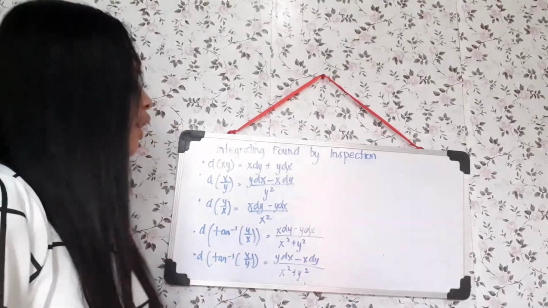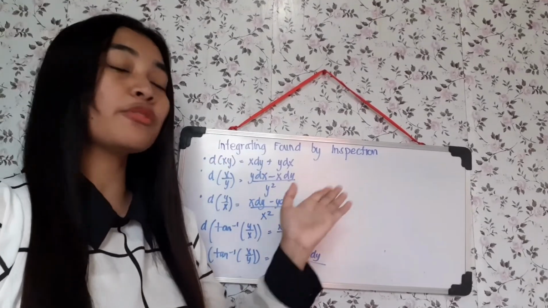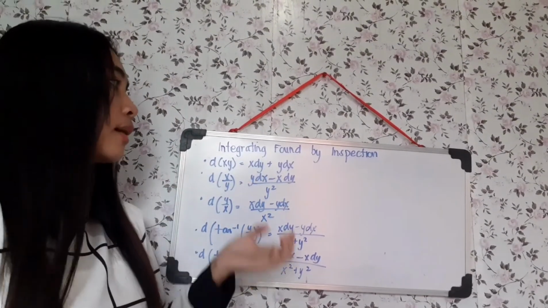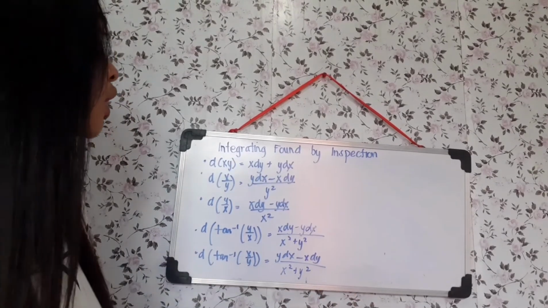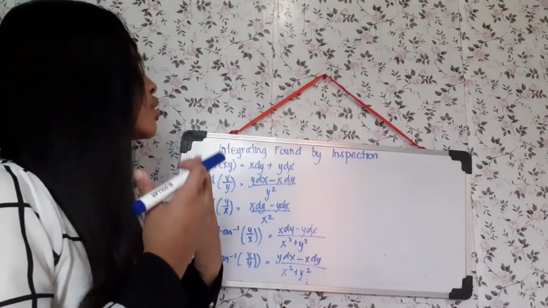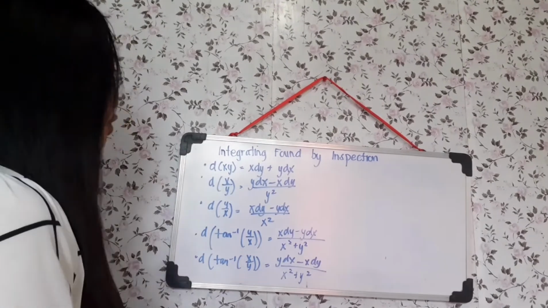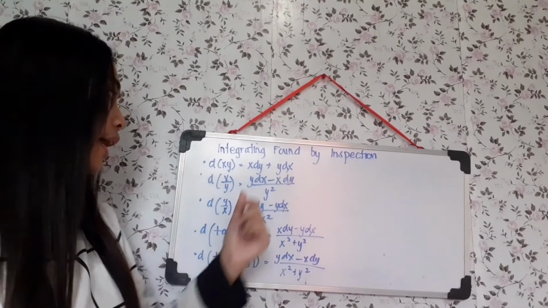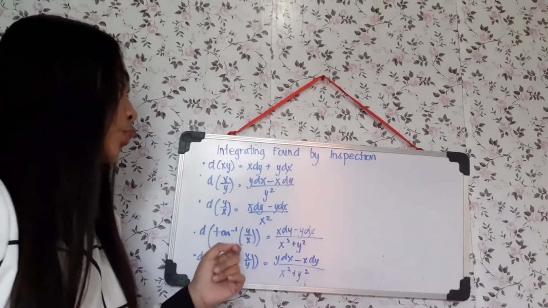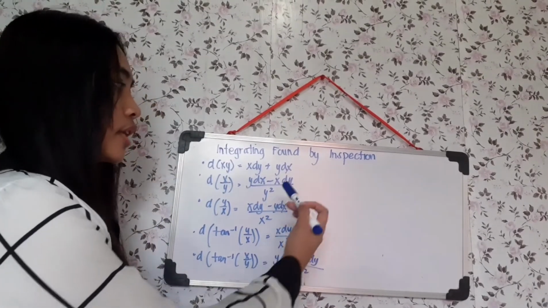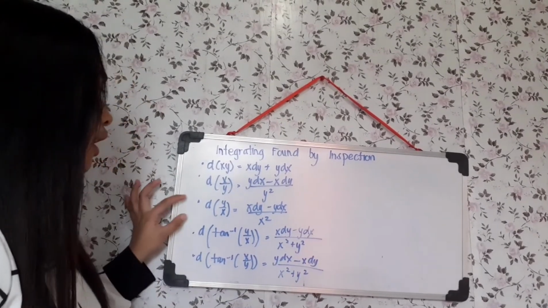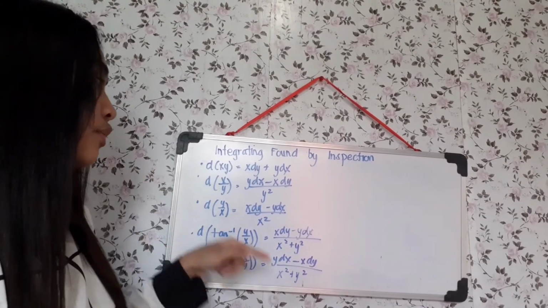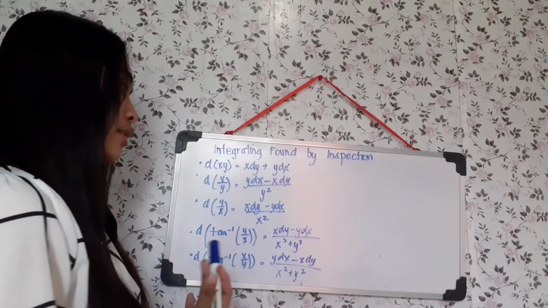So next, our topic is the integrating factor by inspection. So we have here some formulas to remember for use in inspection. First, the derivative of xy is equal to x dy plus y dx. The derivative of x over y is equal to y dx minus x dy over y squared. Then the derivative of y over x is equal to x dy minus y dx over x squared.